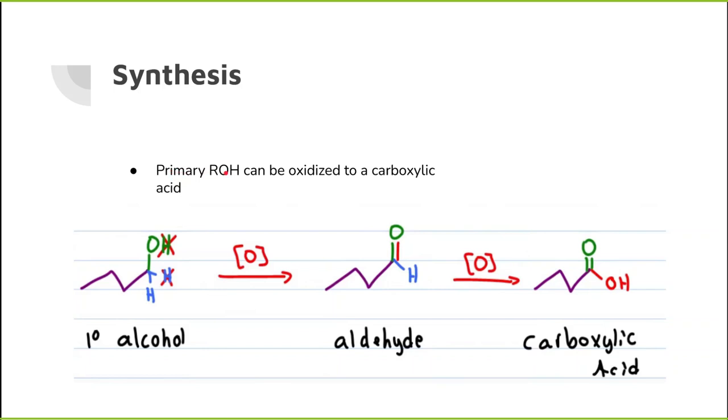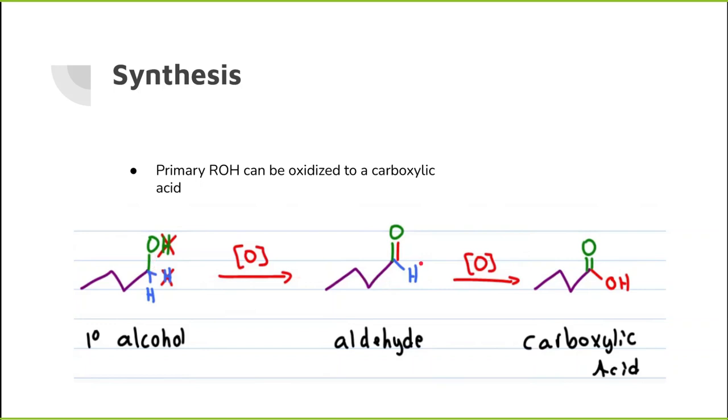So a primary alcohol can be oxidized into a carboxylic acid, and this happens in 2 stages. Here's your primary alcohol. So right here's your carbon with the OH, and it's got 2 other hydrogens on it. You can oxidize that into an aldehyde, and what happens is you lose the hydrogen off of this oxygen, and you form the double bond there.